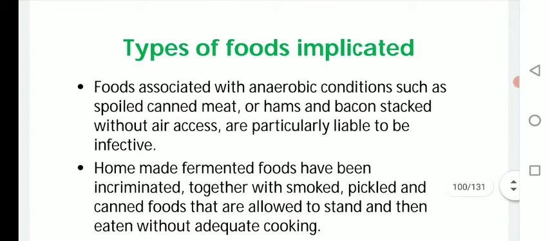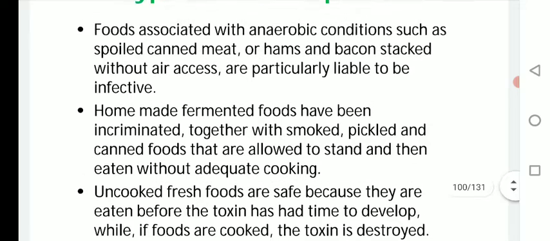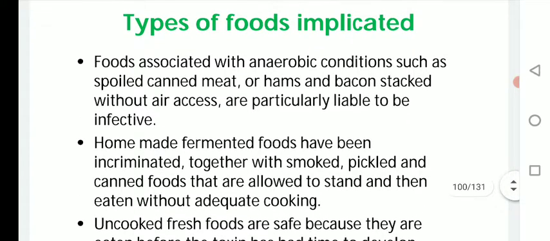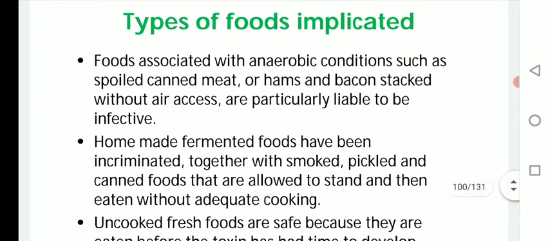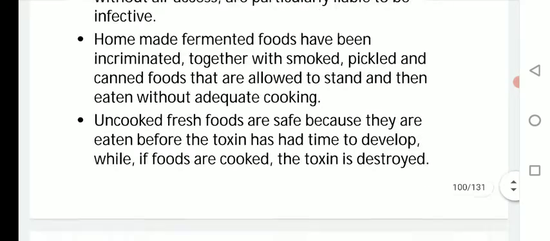So these are types of food. Then uncooked fresh foods are safe because they are eaten before the toxin has had time to develop, while if foods are cooked, the toxin is destroyed. So these are different types of foods through which we can get illness by intoxication of this Clostridium botulinum.